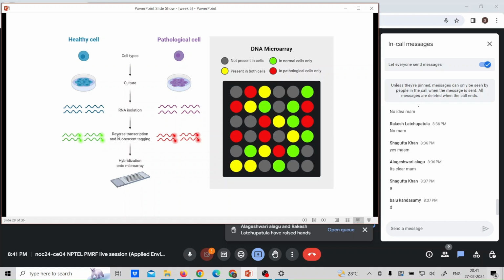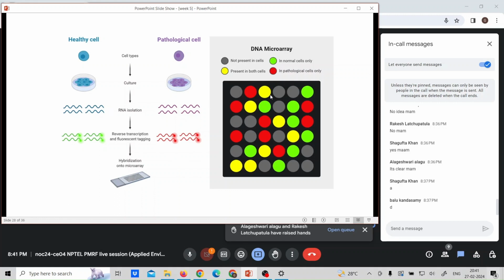So here what we do is we get the reverse transcription and we do the fluorescent tagging. The fluorescent tagging is done differently to the gene, based on the genetic differences. Now we are going to hybridize on a microarray and we are going to detect it. So we are going to see it with the detector. Where there is no cell, or nothing is present, you get a gray signal.